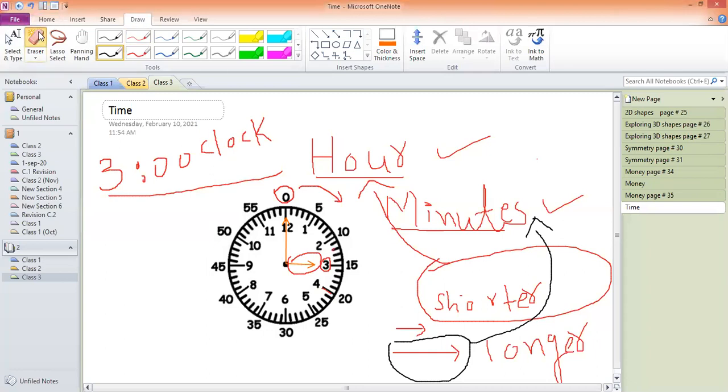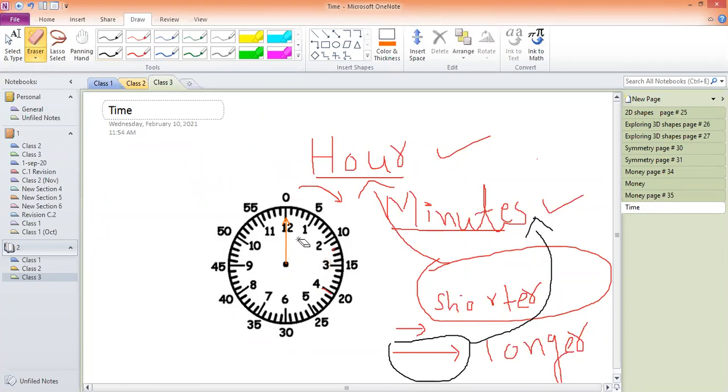Okay. Now I'm going to change it. Now if I change the value, you will say, sir, it is 3 o'clock. Sorry. Now if I change this, yes guys, can you tell me the time now?